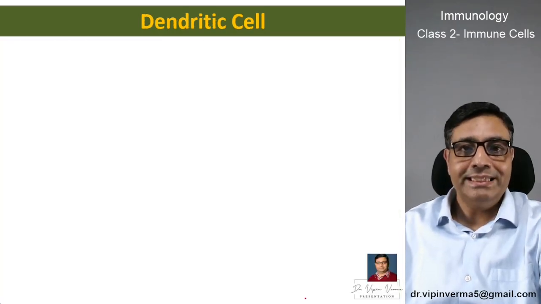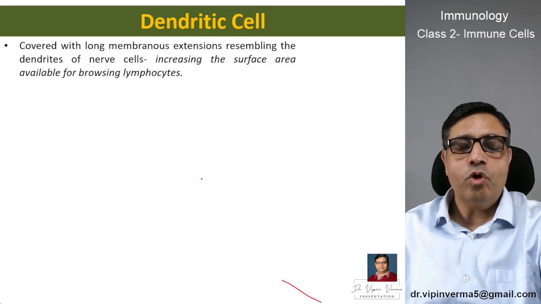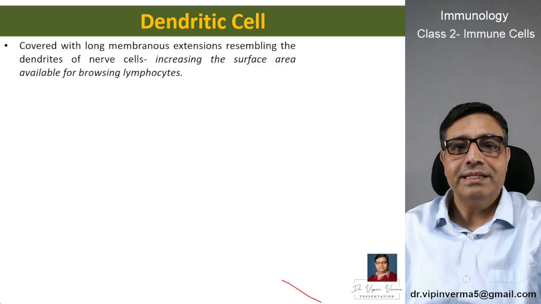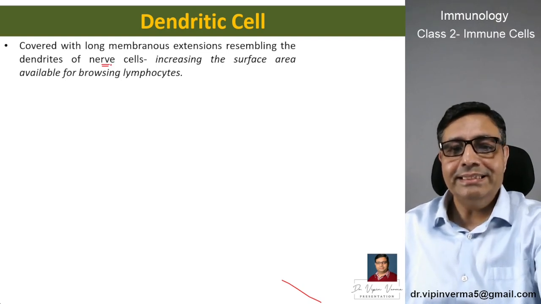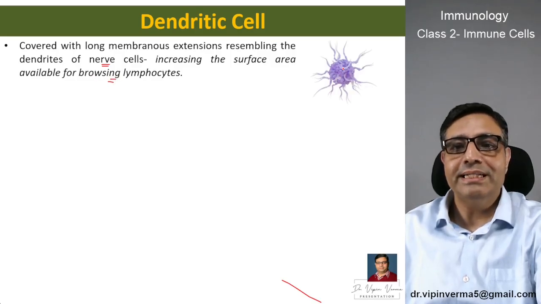Now, dendritic cells. Dendritic cells are covered with long membranous extensions, and these resemble the dendrites of the nerve cells. So that's why their name is dendritic cells. And these increase the surface area available for browsing the lymphocytes. So here you can see the dendritic cells, and on the surface you can see these extensions.